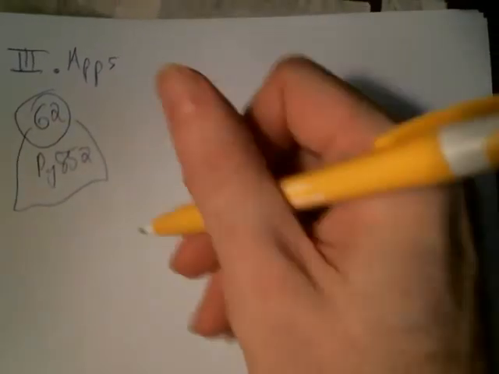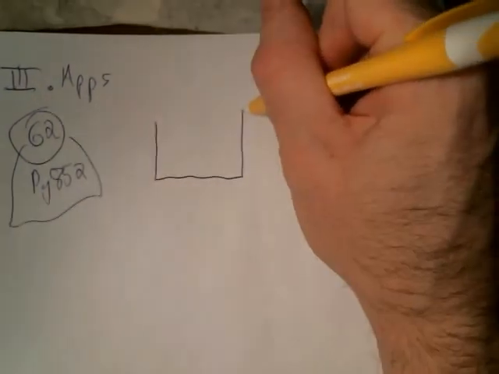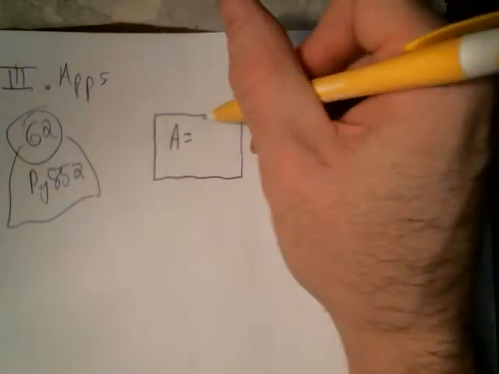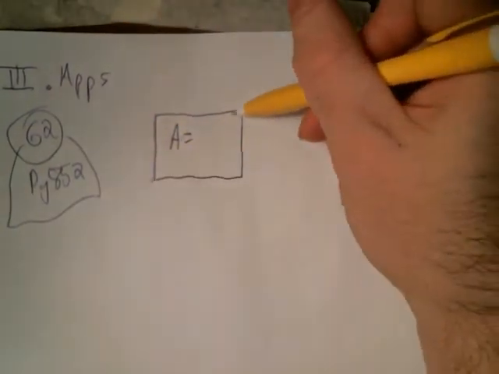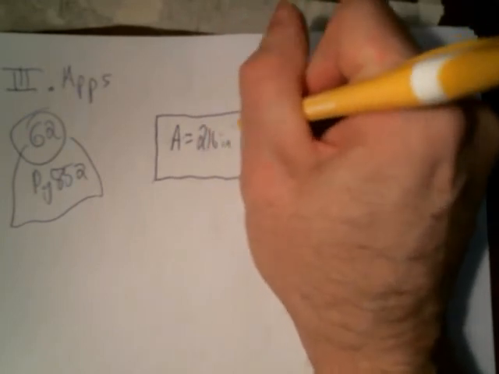You know, you have to buy those boxes to put your presents in or whatever. So in this case, they're giving us area and the volume. So the box looks like this. It's made out of a piece of board, cardboard or whatever, and the area is 216 inches squared.